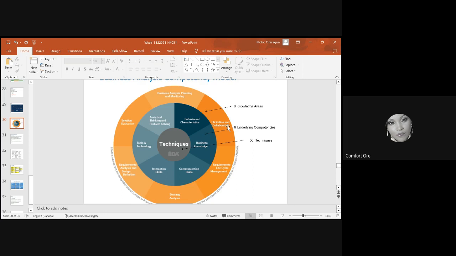Okay. Then after that, we're going to be doing requirements life cycle management. So that's where you check through your requirements, you ensure that they're in good standing, you verify all of the information that you received, you ensure that the requirement actually follows through.